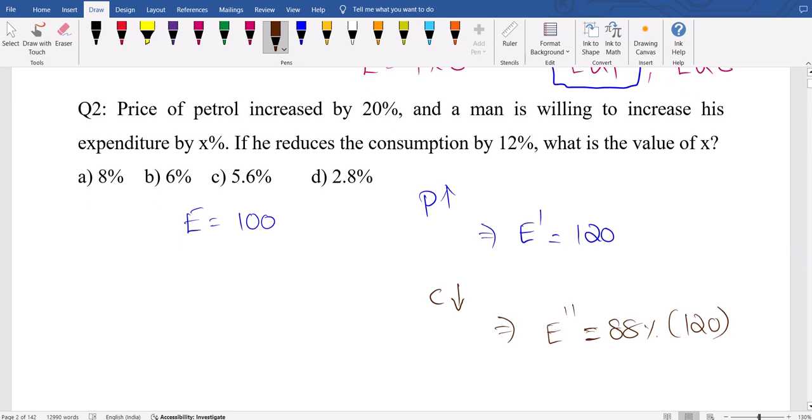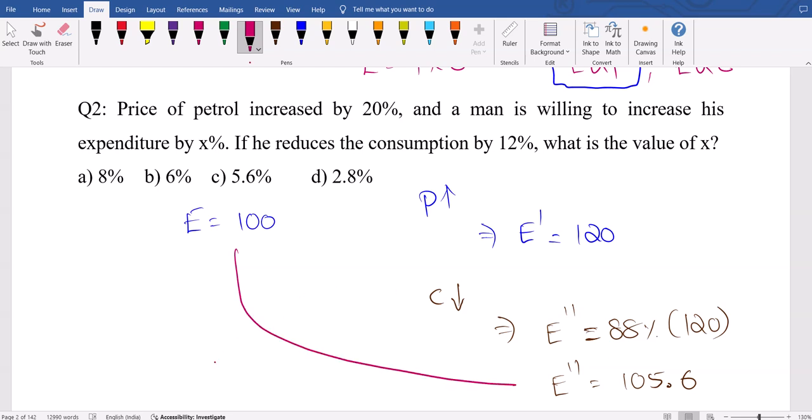Now, how much is this expenditure? 12 into 8.8, because 88% means 88 divided by 100. Right. So how much did you get? 105.6. Guys, expenditure initially 100 became 105.6. That indicates it is a 5.6% increase. Expenditure increased by X%, that's nothing but 5.6.